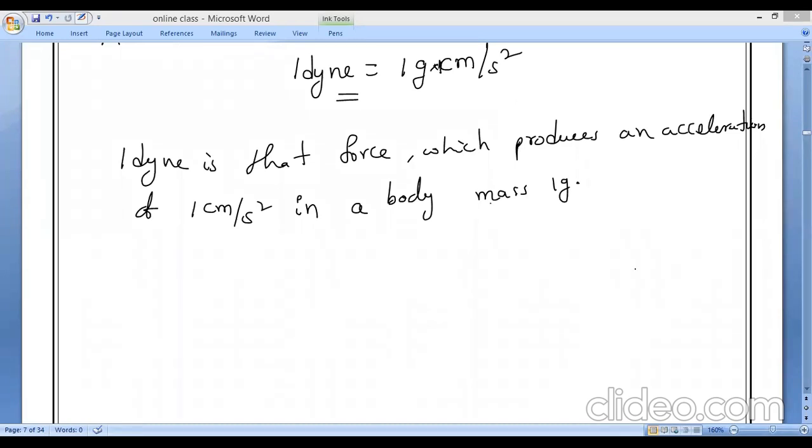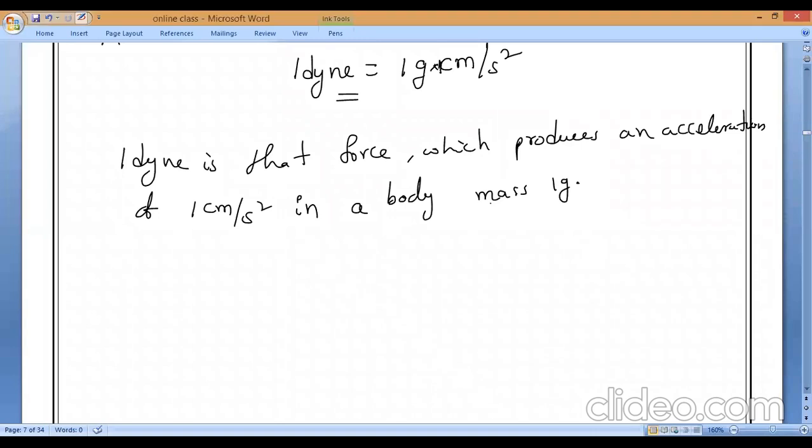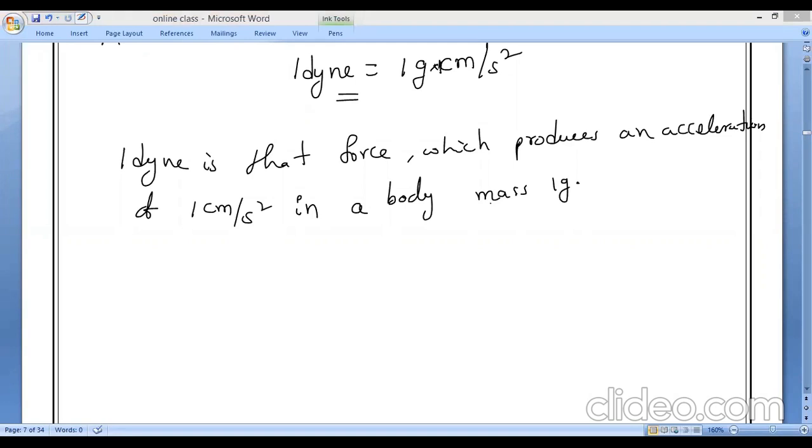So this is already known to some of you. So 1 Newton is equal to how many dynes? Nobody? That's fine. I will teach you now. So relation between Newton and dyne, you keep it ready.